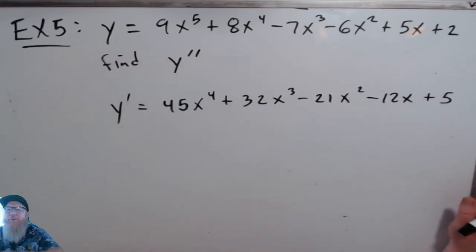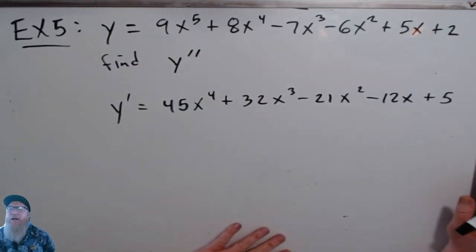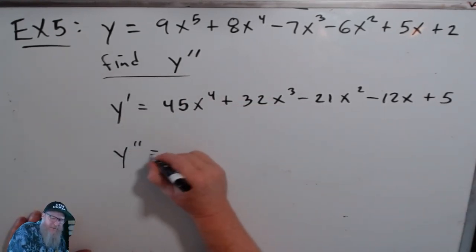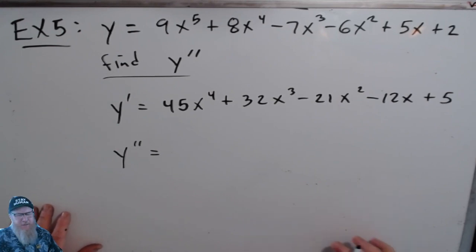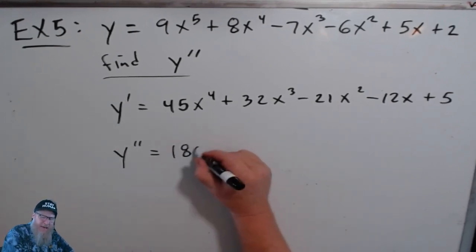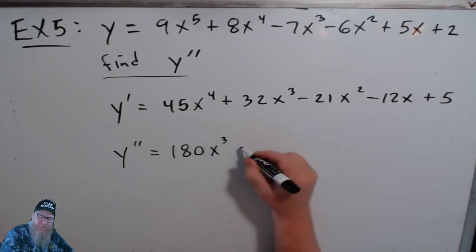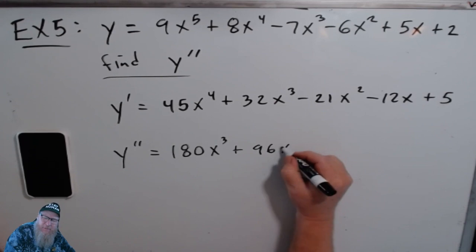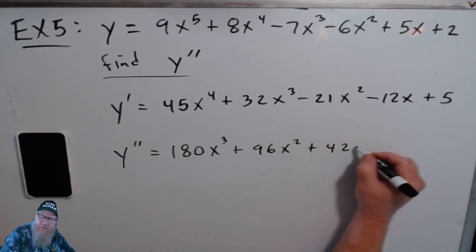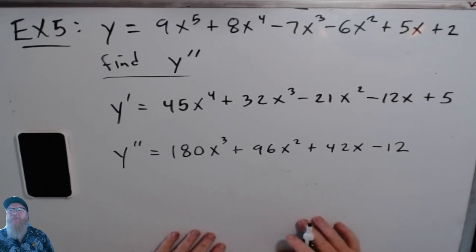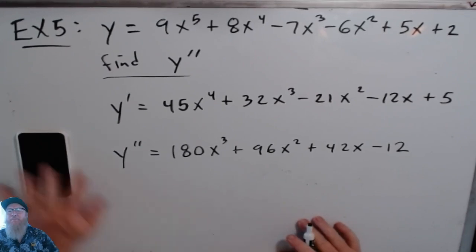This is about as simple as it gets for term by term differentiation. And then now we can do the second derivative. If you want to do mental math, do it mentally, but then check with your calculator. Depends on your level of confidence.